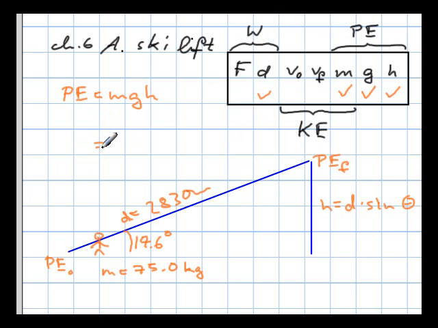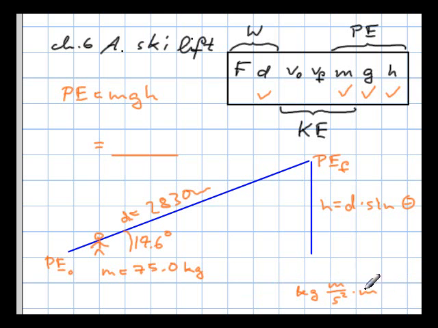so the result is going to be, therefore, 75.0 kilograms times 9.8 meters per second squared times the height, which itself is 2,830 meters times the sine of 14.6 degrees, and you're going to come up with units of kilograms times meters per second squared times meters.